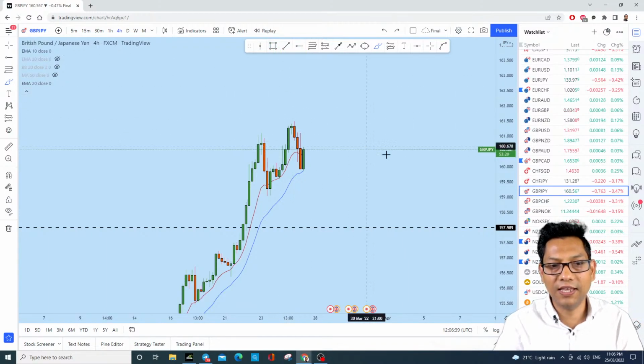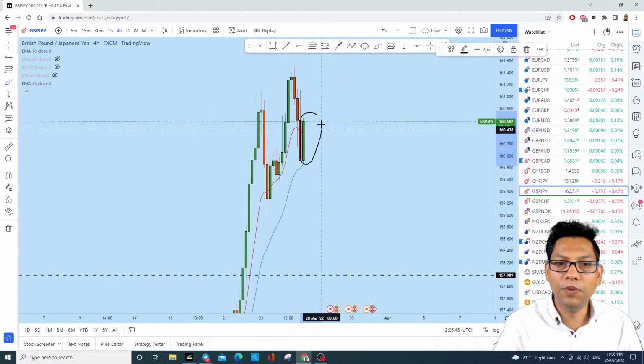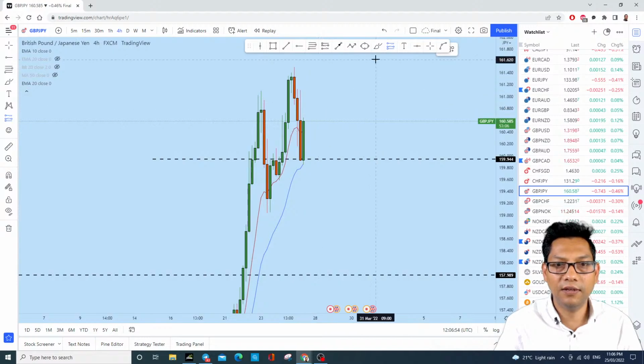So in that case, you see this GBP JPY, this green candle, to me is a better candle. Why? Because you see there is a red candle here, and this red candle can provide support for this move.